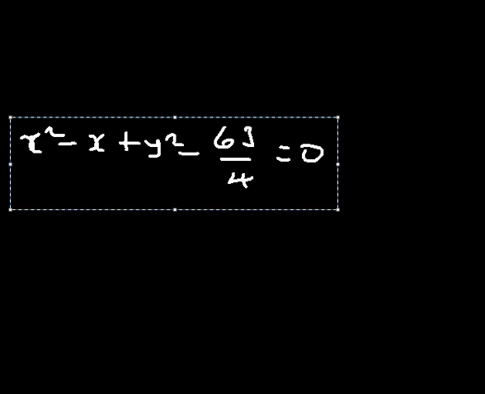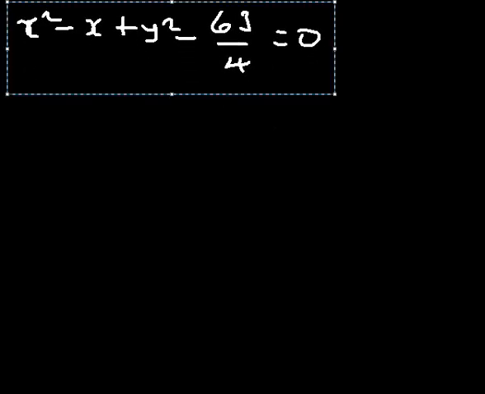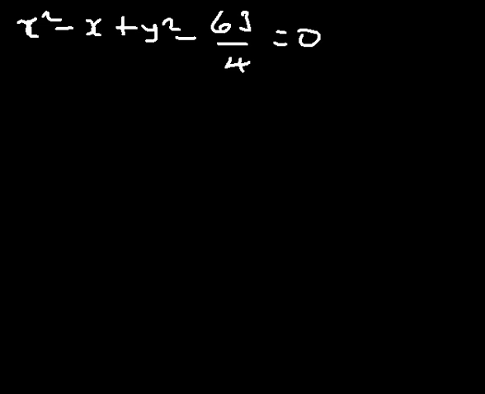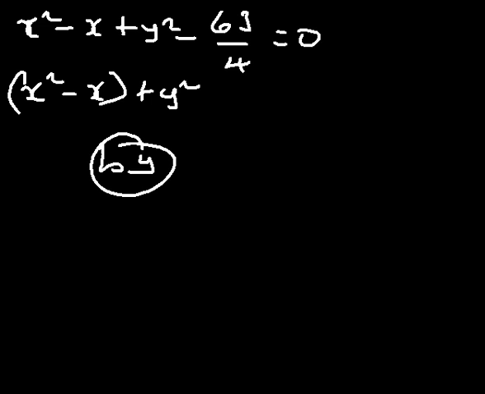So now I have to transfer this one, then bring those families together, and at the same time ensure that the constant is brought to this side. So we'll have x squared minus x, and y squared. You can see that the y is lacking its partner, the linear term.